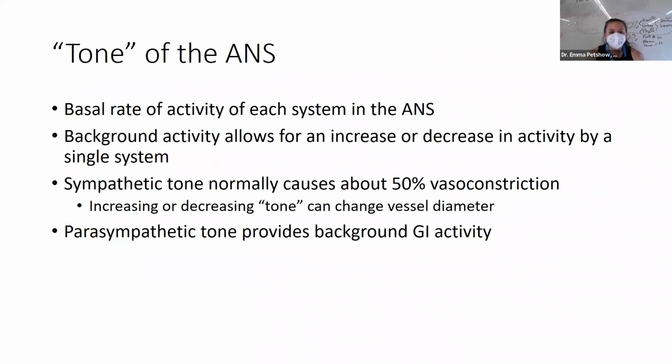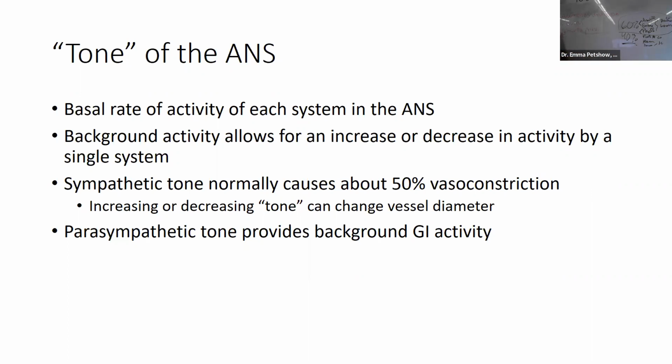The tone of our autonomic nervous system is that basal rate, that background activity. Sympathetic tone overall causes about 50% of vasoconstriction in the body. So if you think about the body's ability to vasoconstrict, our sympathetic tone at baseline causes about 50% constriction of the blood vessels. That's its baseline layer.